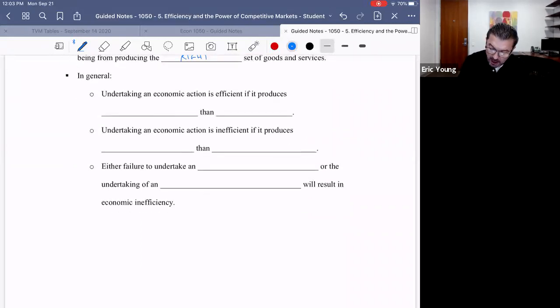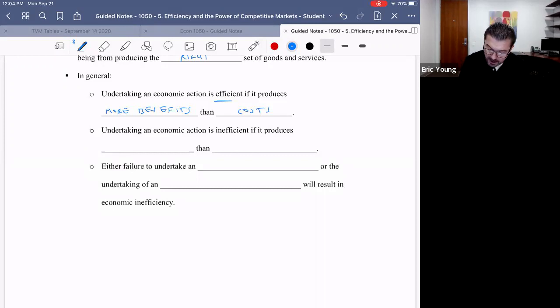In general, some rules with efficiency. In general, undertaking any economic action is efficient if it produces more benefits than costs. Again, undertaking any economic action is efficient if doing that action leads to more benefits than costs.